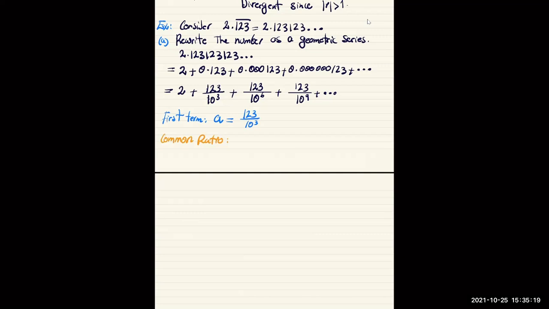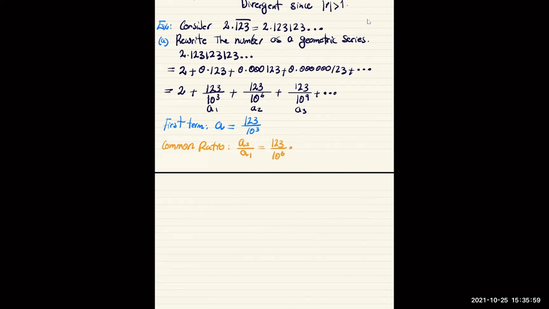That's what you could do. You could just do A2 divided by A1, or you can do A3 divided by A2, because that's the definition of the common ratio. Here, this is A1, this is A2, that's A3, and A1 is the same as A. So take A2, which is 123 over 10 to the 6, divided by A1.